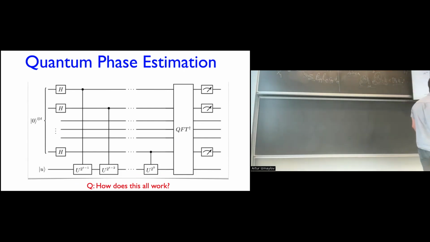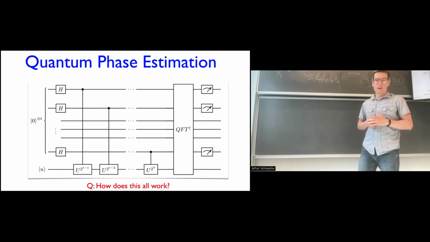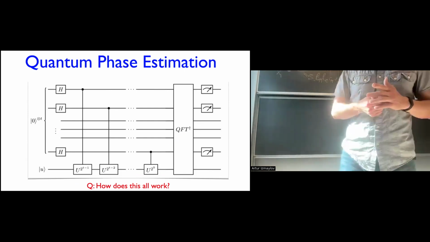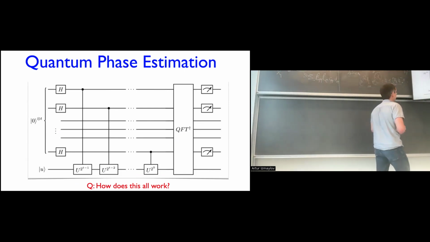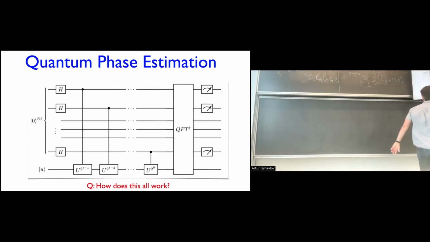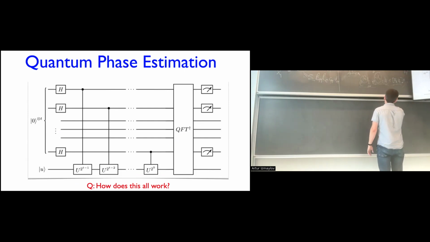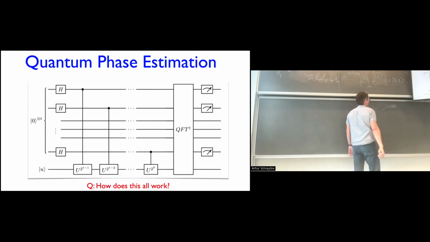The first algorithm, the textbook algorithm that everyone probably learns, is quantum phase estimation. And quantum phase estimation looks like this, where this unitary is just an exponential function of the Hamiltonian of the system. Right, so that's our unitary.